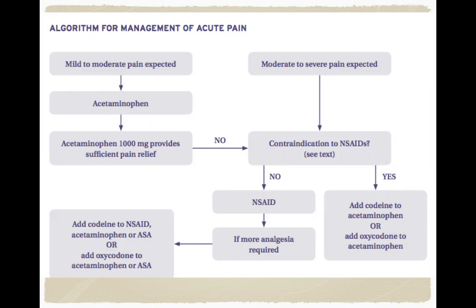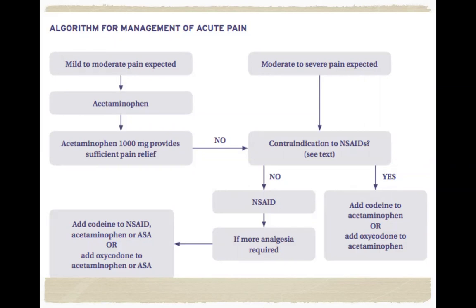And lastly, if they are in severe pain, one of the things you can do is a local anesthetic block and also prescribing a higher dose of ibuprofen, so 600 milligrams of ibuprofen.